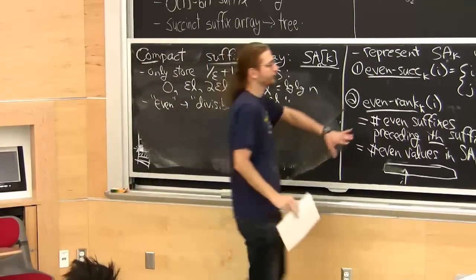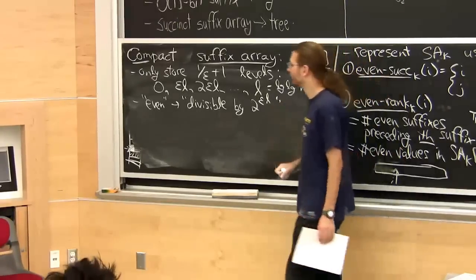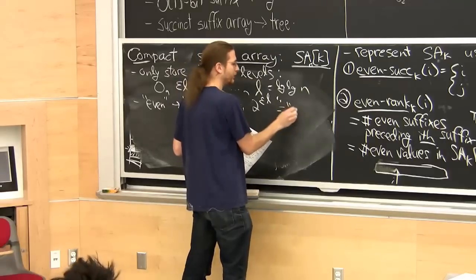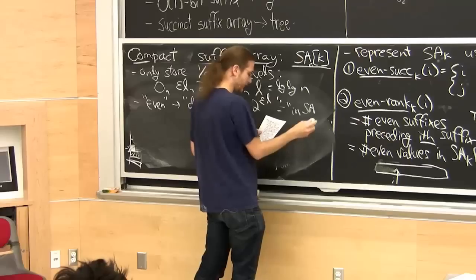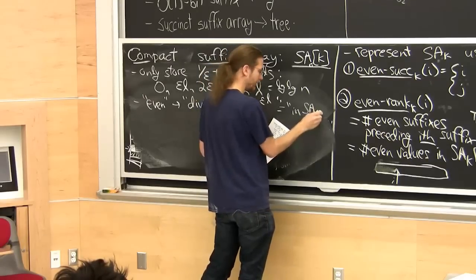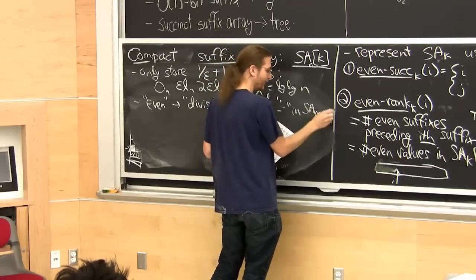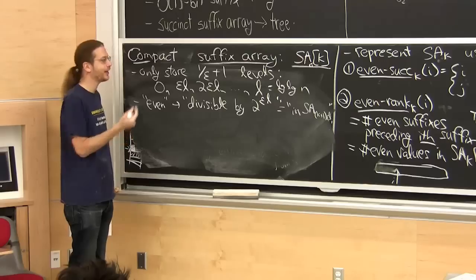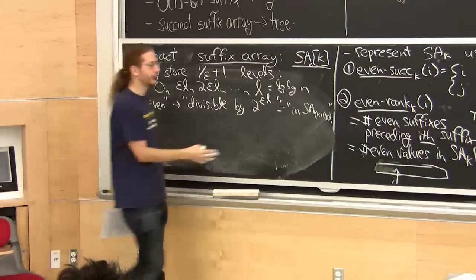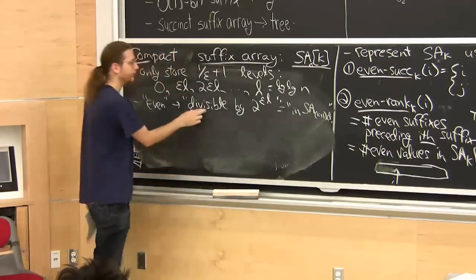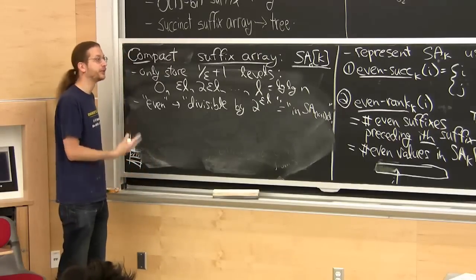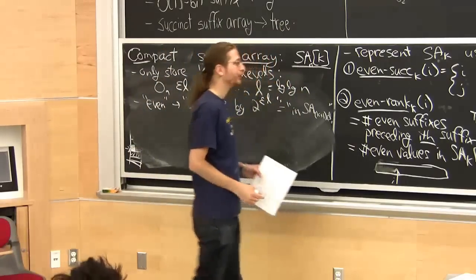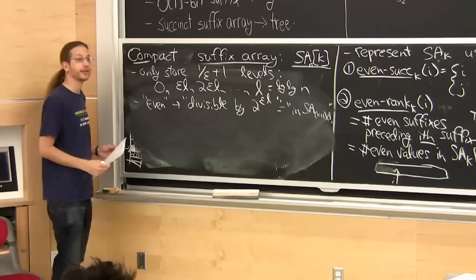So do all this, but replace the notion of even with divisible by 2 to the epsilon L. Because this is when you are in SA sub k plus 1 epsilon L. The whole name of the game is you're trying to do a query in SA sub k epsilon L, and now you want to reduce it to SA sub k plus 1 epsilon L. And these are the suffixes that are explicitly represented. Everything else needs to be rounded to that value and then rounded back, like we had with our giant formula before. It's not so easy to write a single formula anymore. It's now really an algorithm.